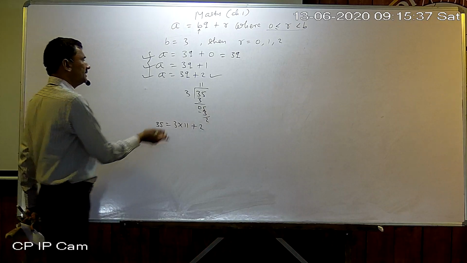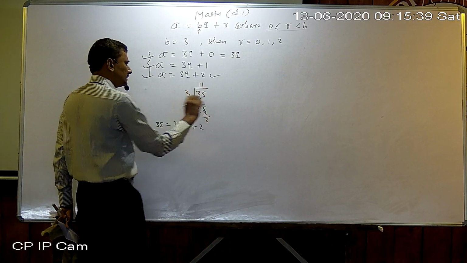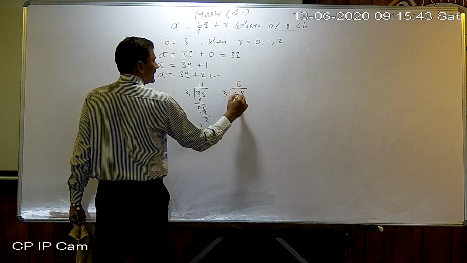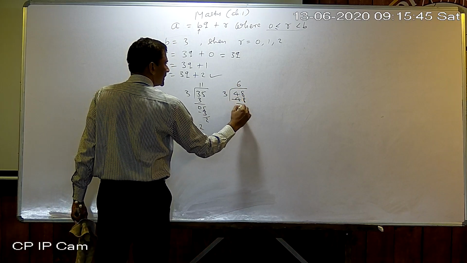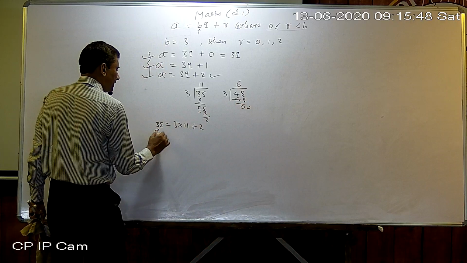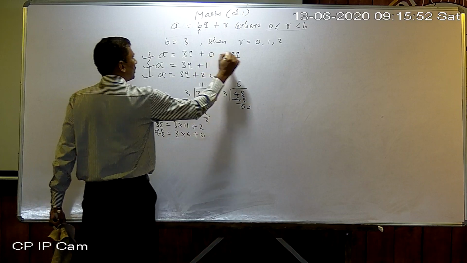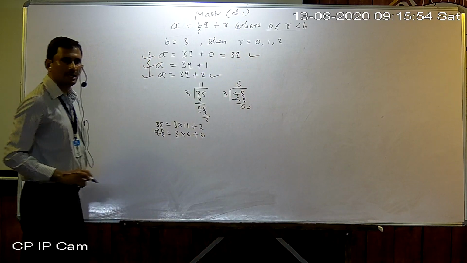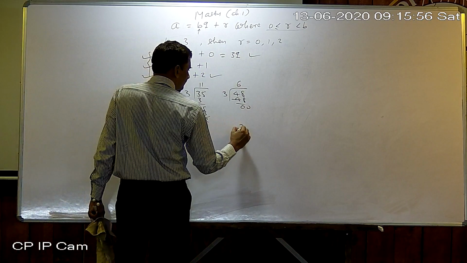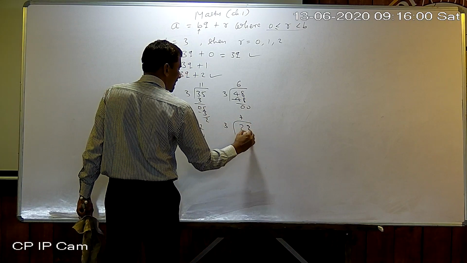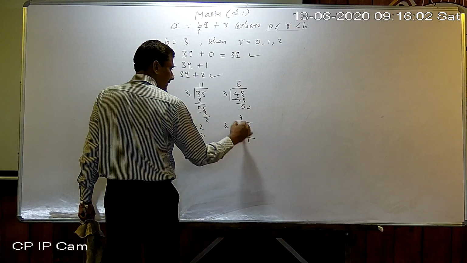Now instead of this, suppose I take another number. Suppose it is 48. 3 16s are 48. 0. So 48 becomes 3 into 16 plus 0. So we got this. Okay. Suppose I am taking 22. Then 3 7s are 21. Okay. 1.